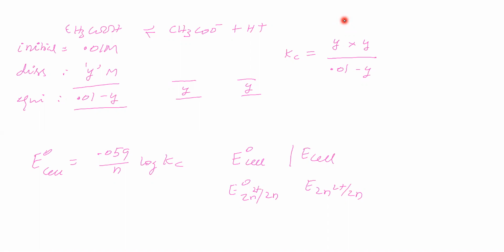Okay. You are saying that n will vary. n varies. Suppose you take zinc electrode. For zinc electrode, plus 2 will convert into 0, that means n is equal to 2 here.